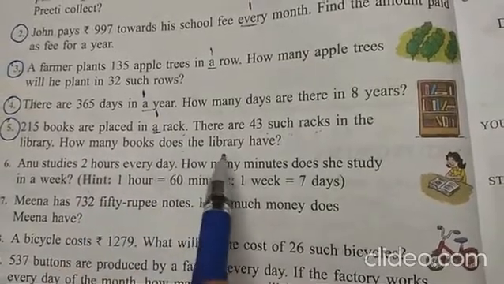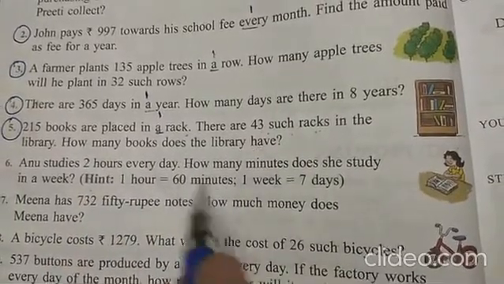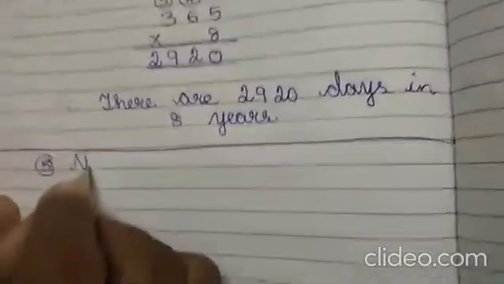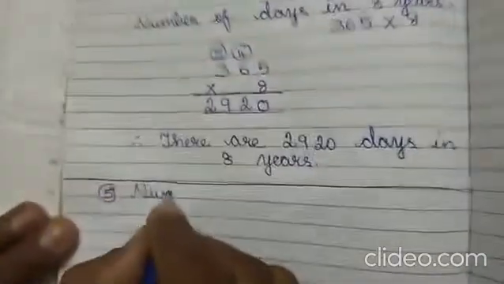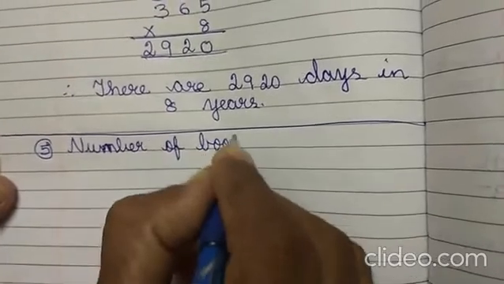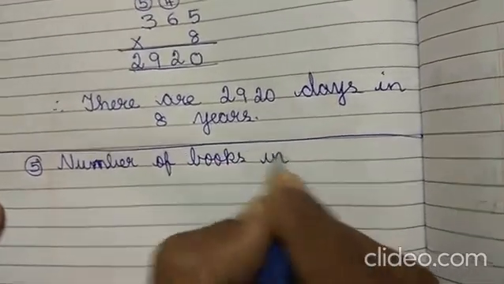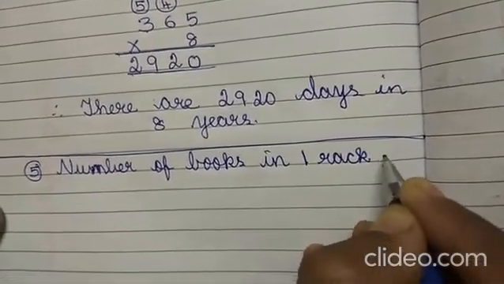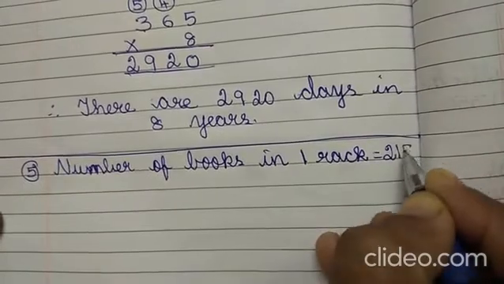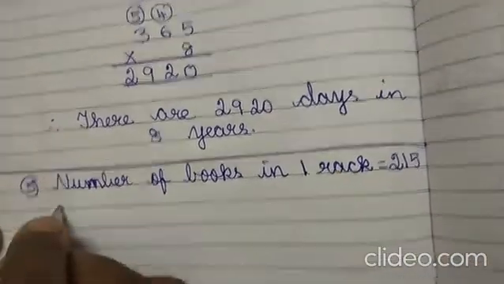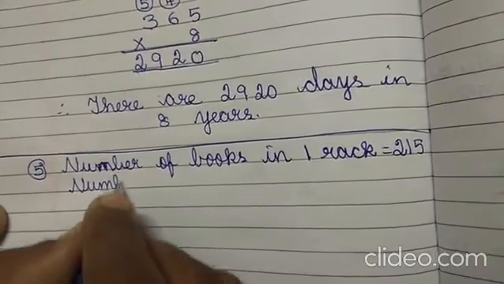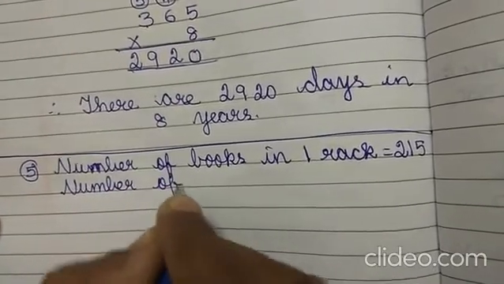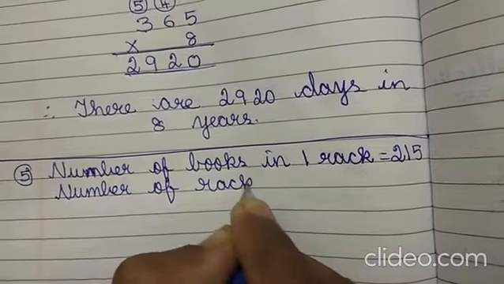How many books does the library have? Okay, so we will find out the number of books. Number of books in one rack, otherwise you can write a rack also. Okay, children? So 215. And number of racks, 43.